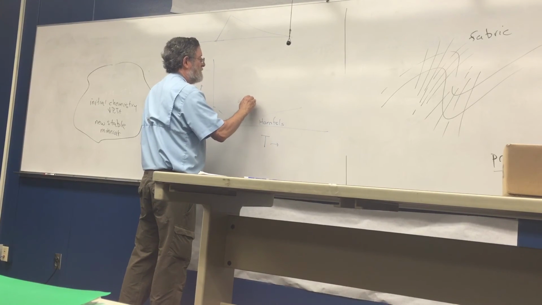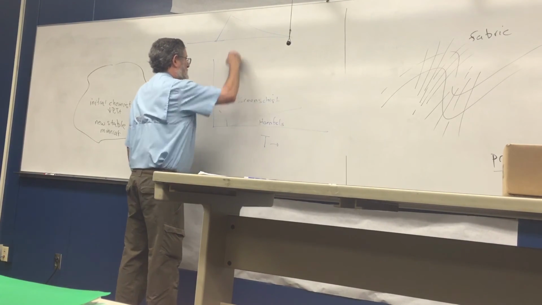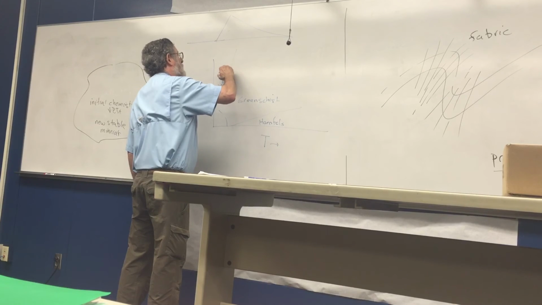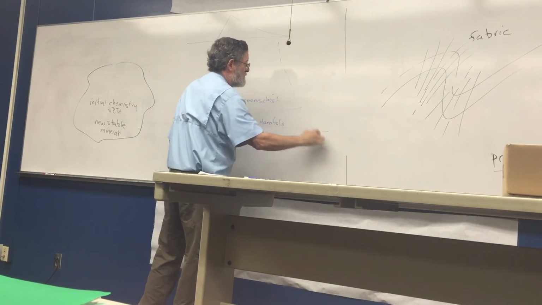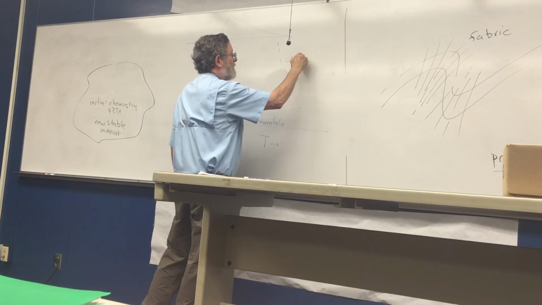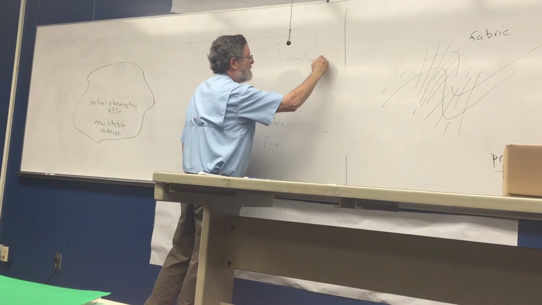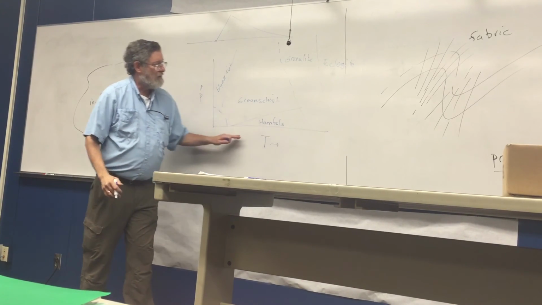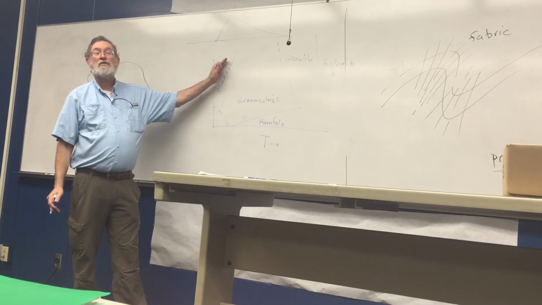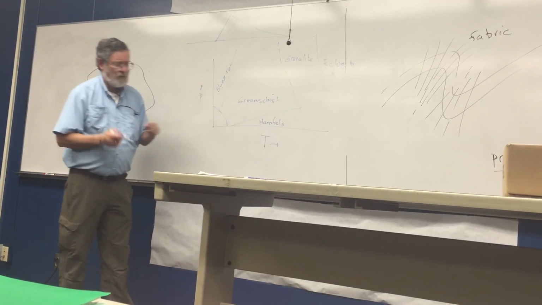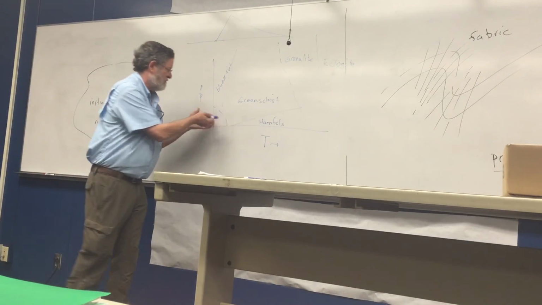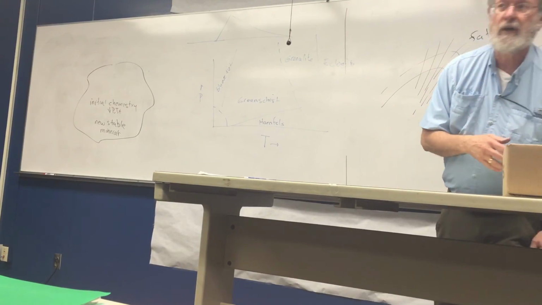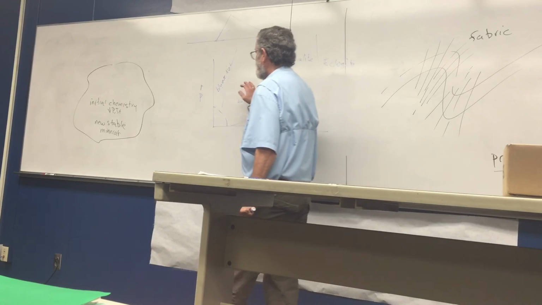This would be greenschist, blueschist, then as we approach our melts, this would be granulite and eclogite. So with increasing temperature, greenschist, increasing pressure, blueschist. Down here we end up with zeolites. This is our zeolite, prehnite-pumpellyite zone for the lowest grade conditions in that system.